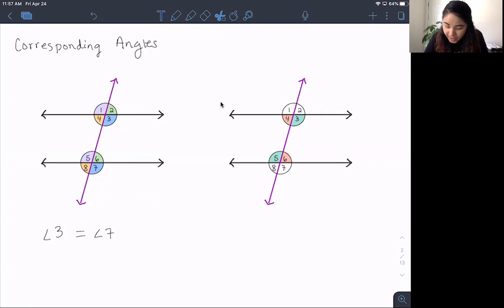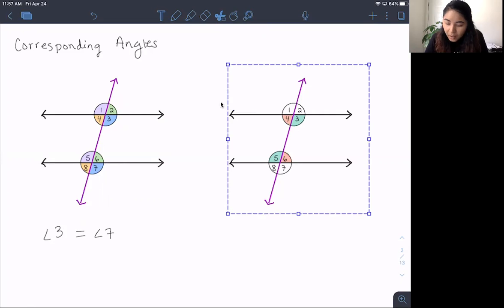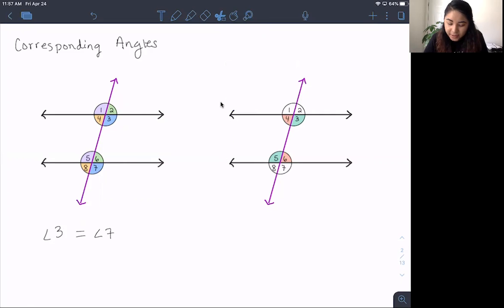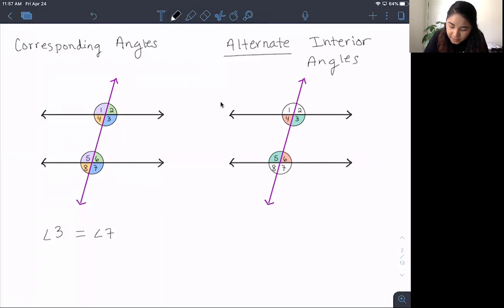The next we have alternate interior angles, all right? So alternate means alternating back and forth. So if you think about our transversal right here, right?